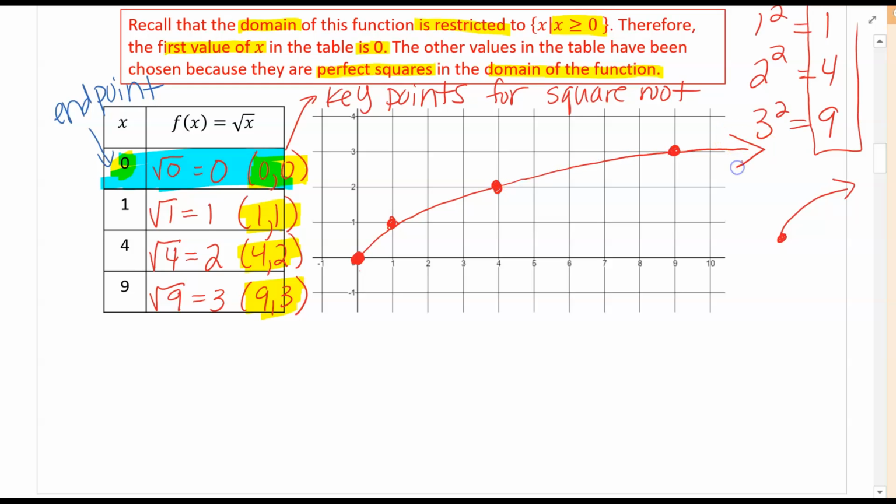And then I'm going to put an arrow at the end, only on one side, not over here because that's an end point. Okay, so that is the parent function for the square roots. We're going to be transforming the parent function. We're going to be moving it on a graph for transformations, okay?